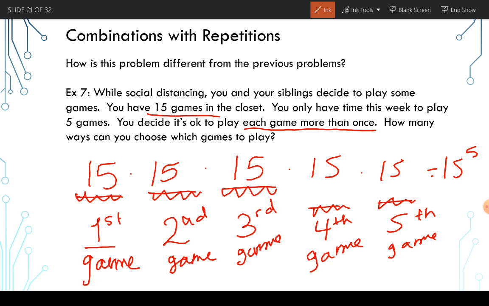And when we multiply that out, we get 759,375 ways. So when order does not matter, or when we have combinations with repetitions, then we're going to have much more possible ways of doing things.